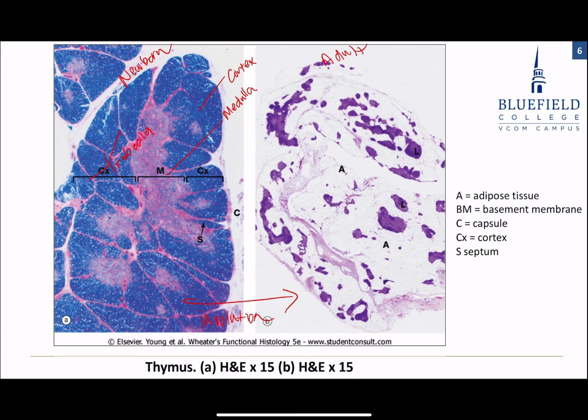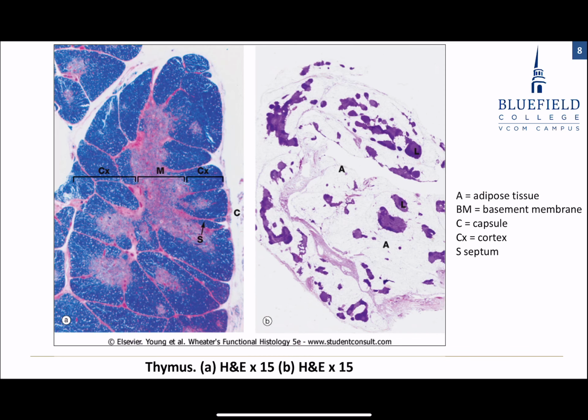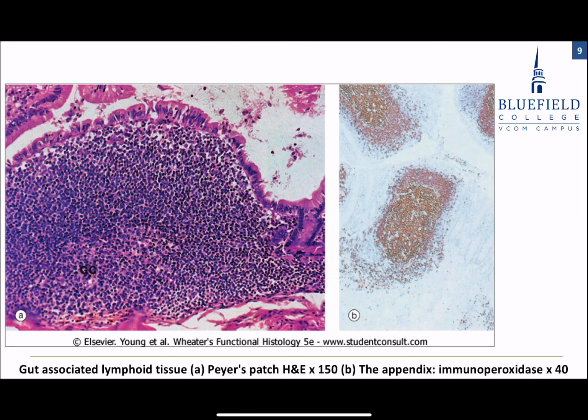The first thing we're going to look at here is what we call GALT or gut-associated lymphatic tissue. All right, if we take a look right here, here is the lining of the small intestine. You can't tell necessarily, but it's a simple columnar epithelium. And then look at this. I see something where I just see a lot of dark staining nuclei.